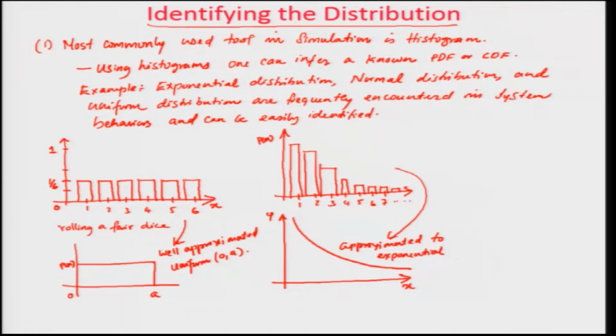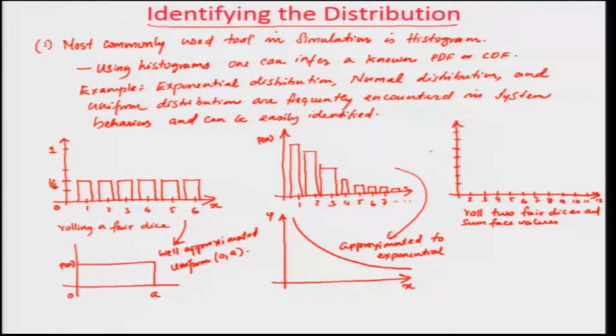Another example we discussed in the class earlier: if you roll 2 fair dice and take the sum of the face values, you will have 2, 3, 4, 5, 6, 7, 8, 9, 10, 11, 12 with different probabilities, and you get a probability distribution like this.